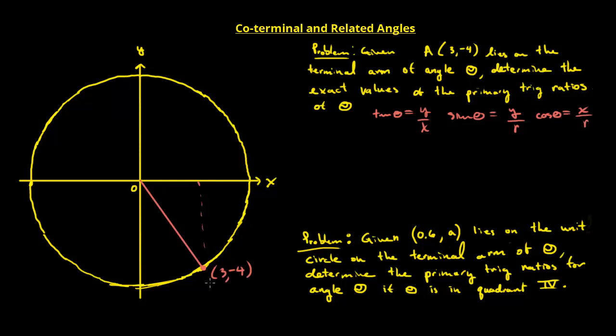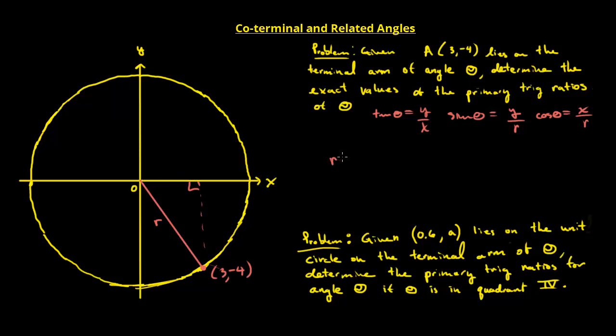So we're given what our x value is and what our y value is. We just need to figure out what the radius of this circle is. So let's call this r. Now here you can tell that we've got a right angle triangle the way that we've drawn it. If we draw a length that is perpendicular to the x-axis from point (3, -4), then this distance here would be 4 units, and this distance here would be 3 units.